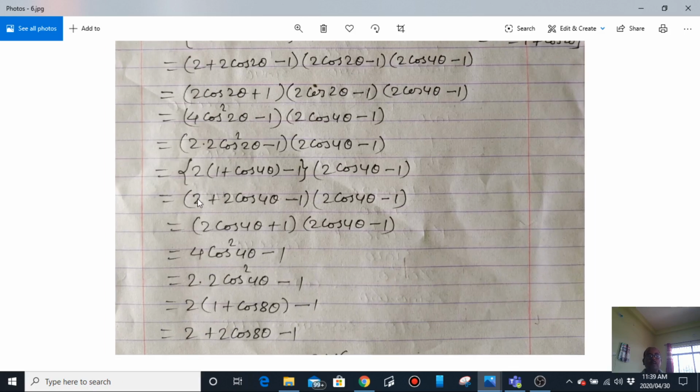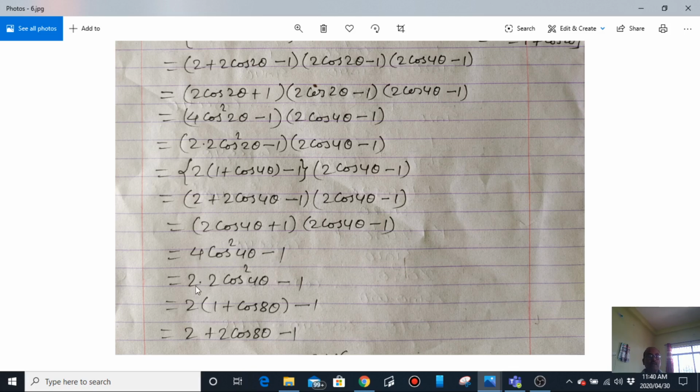So again remove bracket. 2 into 1 is 2, plus 2 into cos 4 theta, minus 1. So 2 minus 1 will become plus 1. This bracket is same. And now again you have two brackets and it is in the form (a plus b) into (a minus b). Again you apply same technique: 4 cos square 4 theta minus 1, a square minus b square.